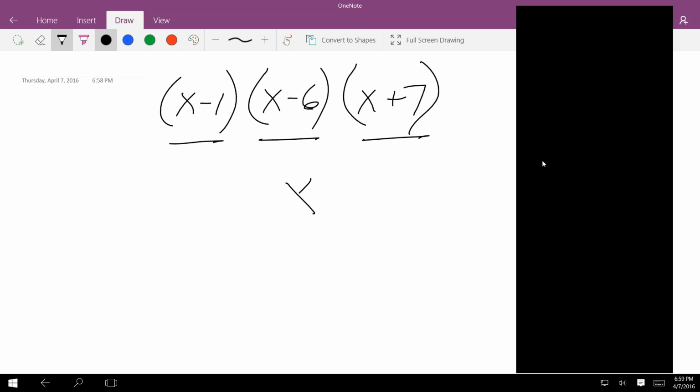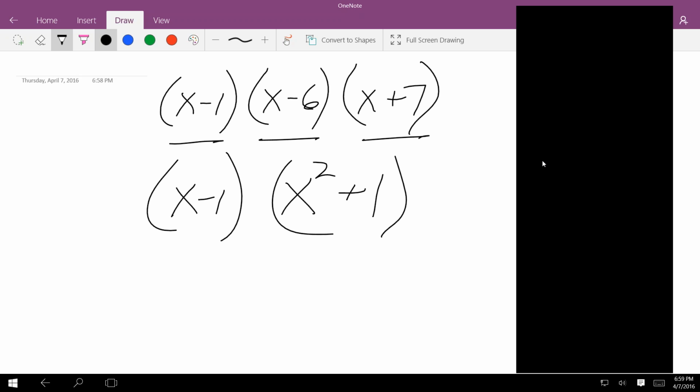If I ended up with a factor like that, that's a quadratic factor. In other words, if I ended up with something like this, it is also called an irreducible quadratic. And in fact, if I was factoring this polynomial, this is where you stop. You don't take it all the way to its imaginary solution.